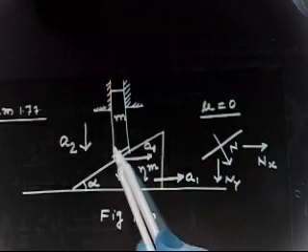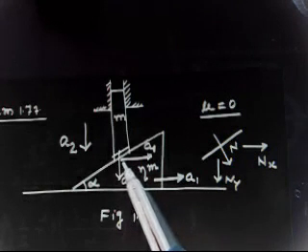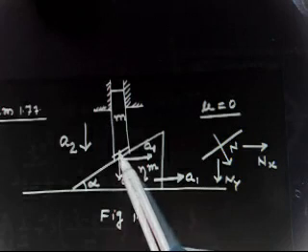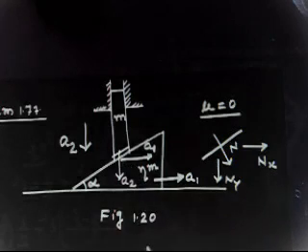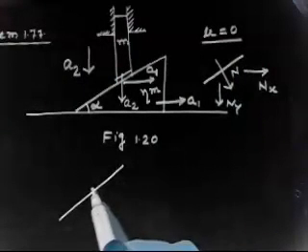So perpendicular to the plane, this point will have the same acceleration as this point. This is a very important point, because in the perpendicular direction this point is not pressing on this point. So the acceleration component in this direction for this point as well as this point should be the same.